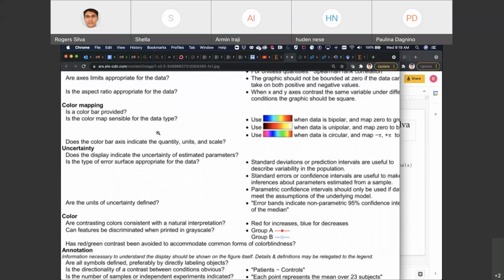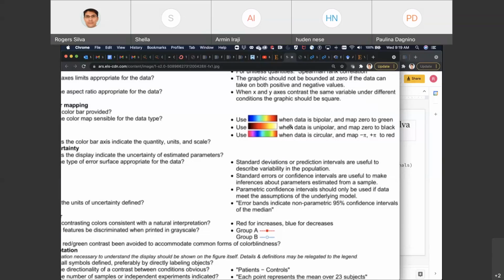Some interesting points about color, the use of color in color maps. What types of color maps are recommended depending on the type of data. This is a limited description, but gives a general idea that you can expand later. So these types of color bars are recommended for bipolar data that can take positive and negative values, mapping 0 to green in this case.